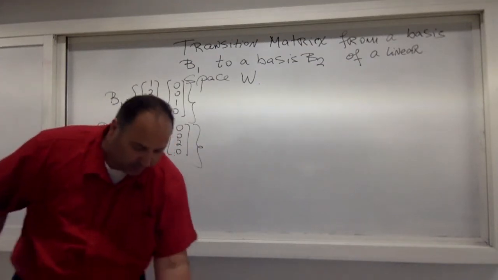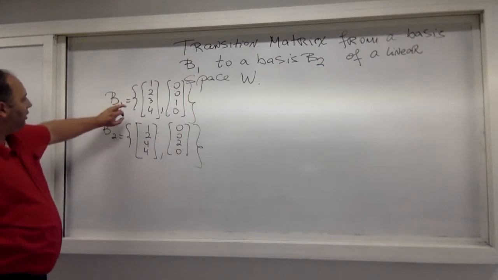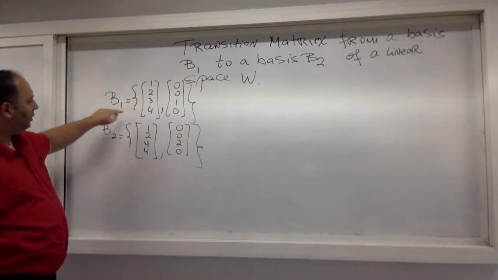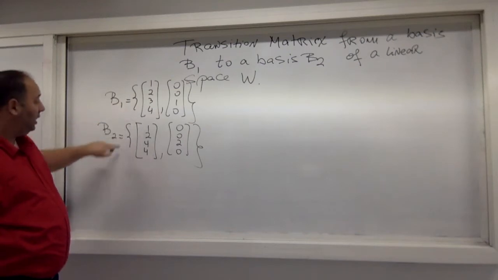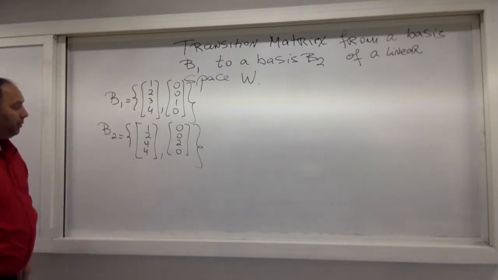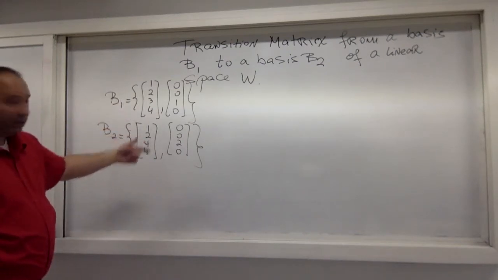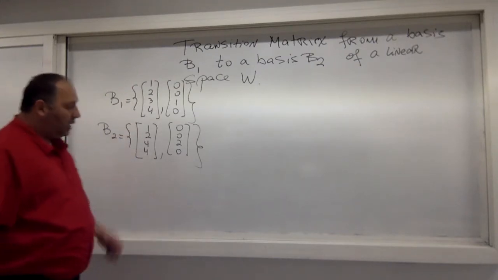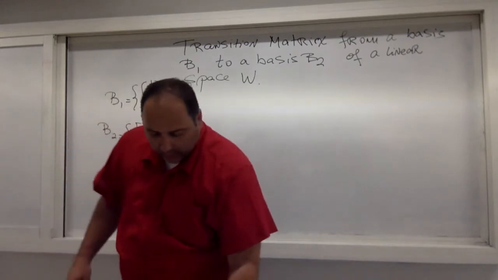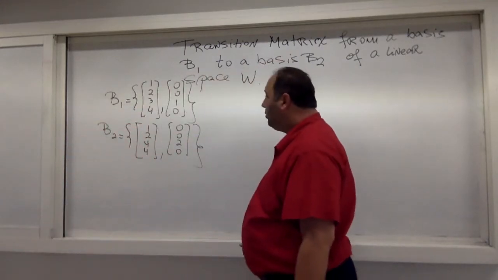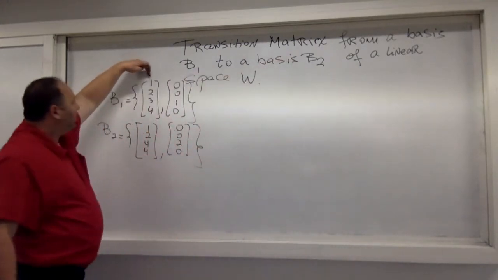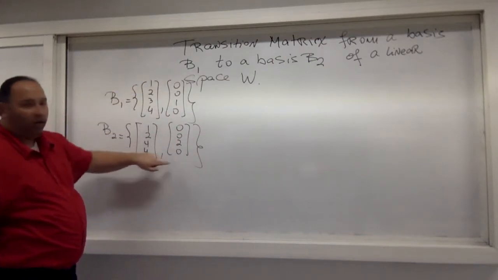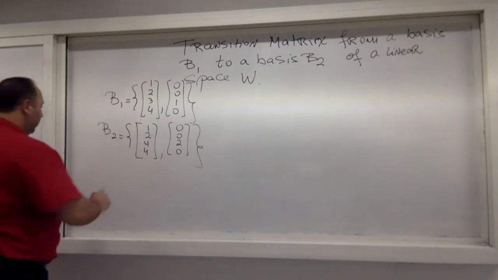So what I want is having the coordinates of a given vector in basis B1, I want to figure out what are the coordinates of the same vector in basis B2. But I want to do that a lot, and often for a lot of vectors. So I need to be smart a little bit. So the idea is express basis vectors from B1 in terms of coordinates of basis vectors of B2.